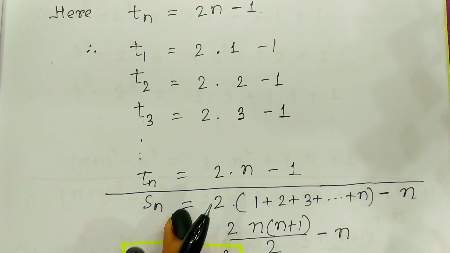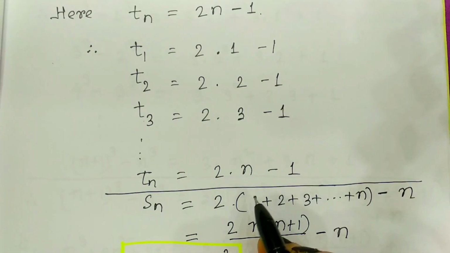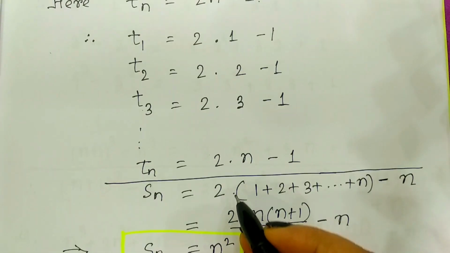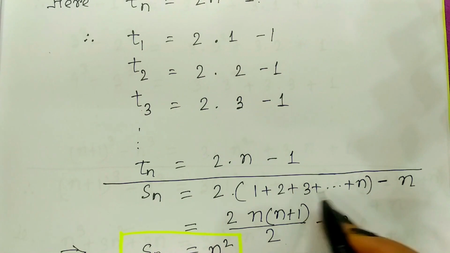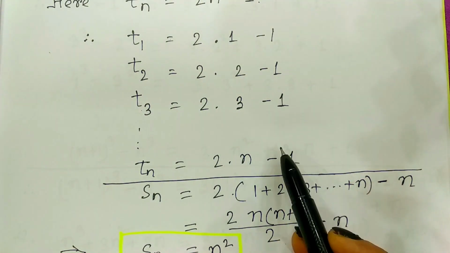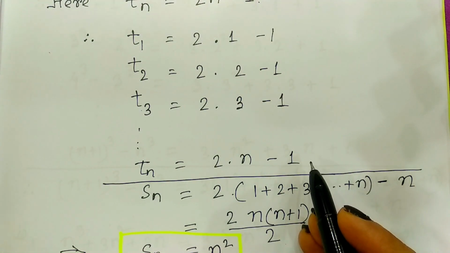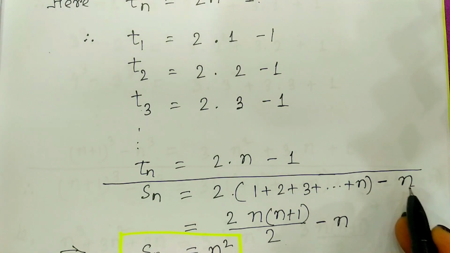Now if we add all these terms, we will find our desired Sn. After adding, if we take 2 common, it remains 1 plus 2 plus 3, in this way up to n. And all the time we have minus 1, n times, so if we add all those, we find n times 1, so it is minus n.